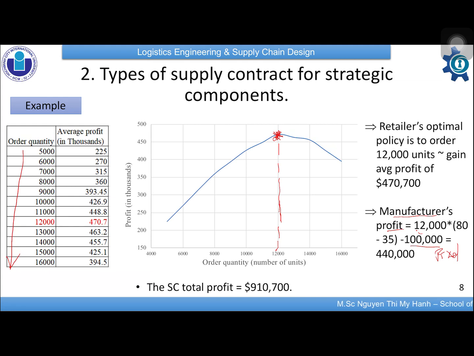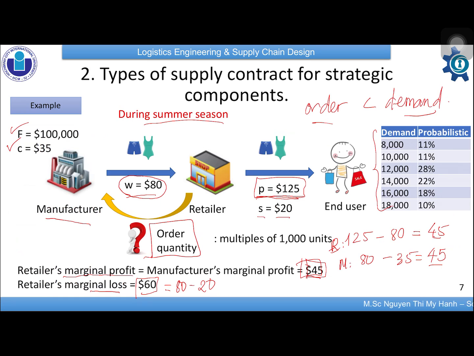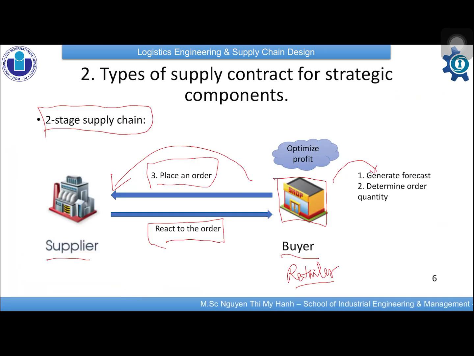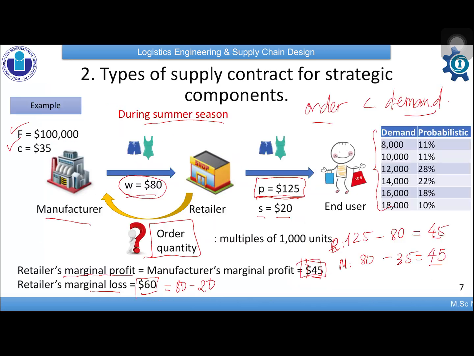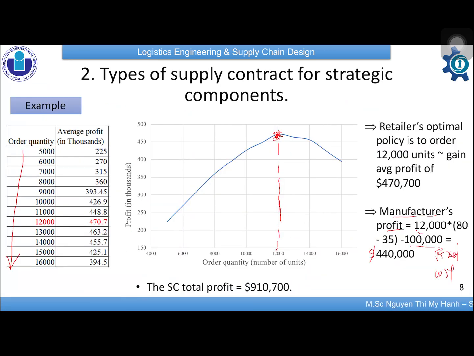So we can calculate the manufacturer's profit is $440,000, and we can calculate the total profit of the two-stage supply chain of supplier and buyer, which is equal to 910,700, the profit of the retailer plus the profit of the manufacturer.